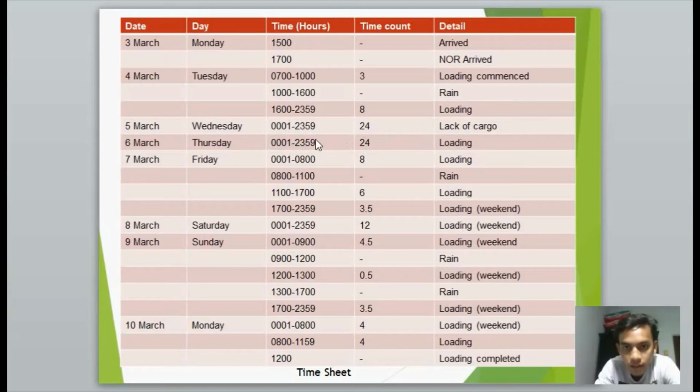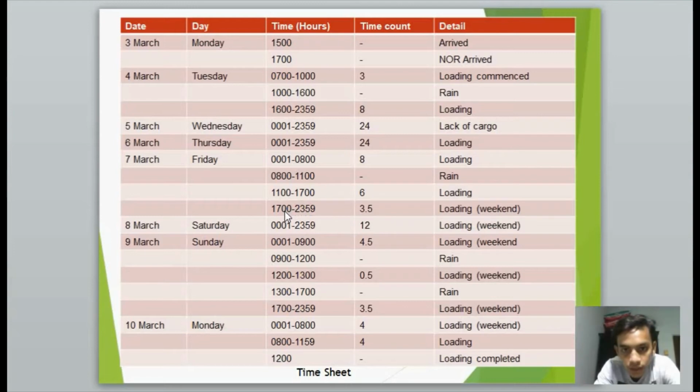On the 7th of March, the loading continued until 8 a.m. After that, the rain started, and after 2 hours of rain, the loading continued until 1700 hours, and the time to count is 6 hours.